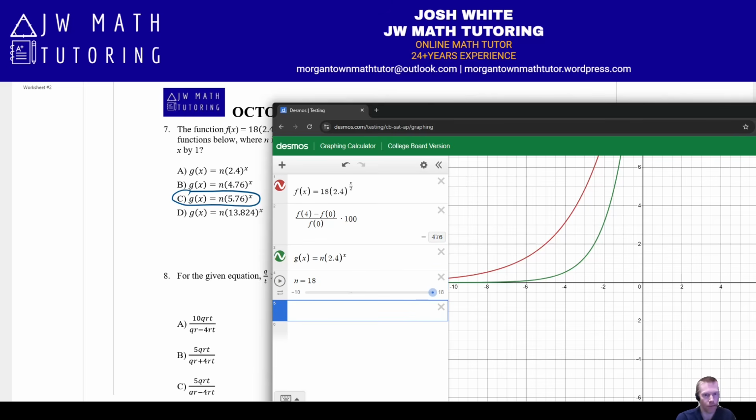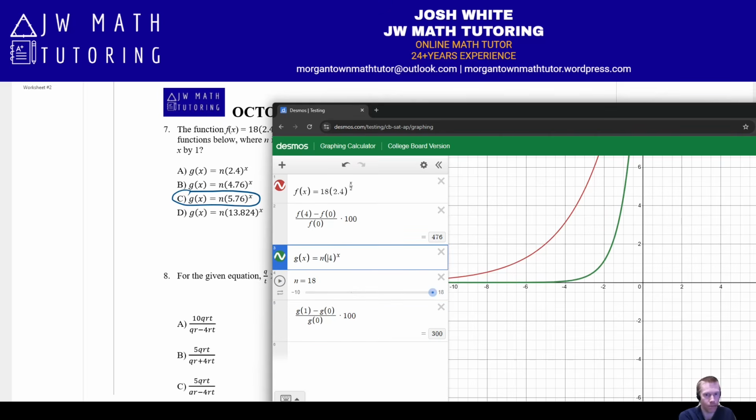Now what I'm going to do is calculate the percentage change when I increase x by 1. In other words, when I go from x equals 0 to x equals 1. Increasing x by 1, what is the percent increase that I find? Notice for answer choice A, it's 140%. That does not match 476.